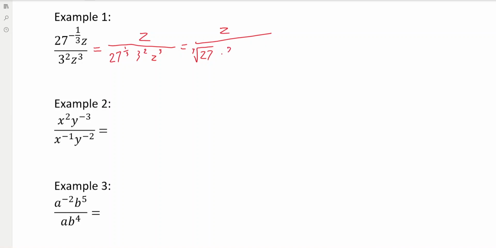And then that's times by 3 squared times z cubed. Okay, so the nice thing there is that the cube root of 27 is 3. So we have 3 times 3 squared, z cubed, all on the bottom.